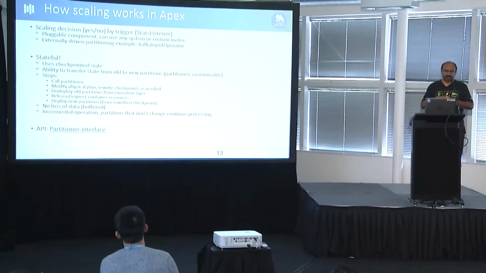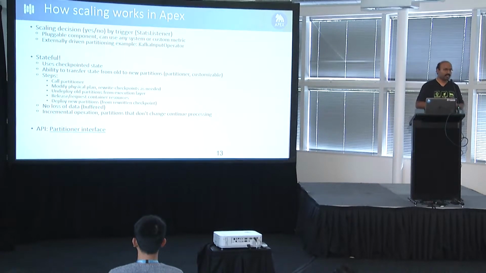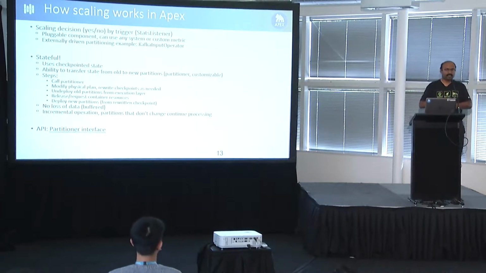What I mean by that is, when do you decide to scale, right? That's something that's exposed to the user as well, and it's an API called stats listener. A user, by user I mean the developer of the application, can write a stats listener where they are continually given stats of the different operators, and they can make a decision based on that on when to scale.